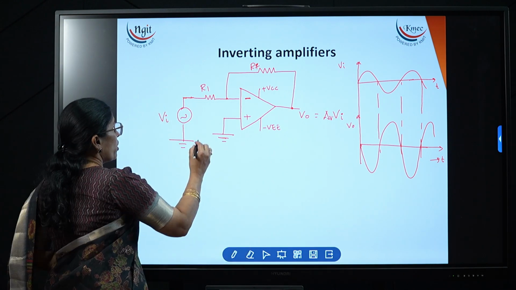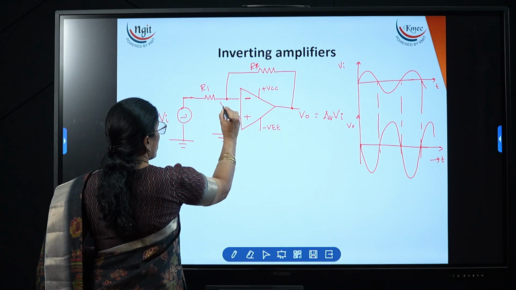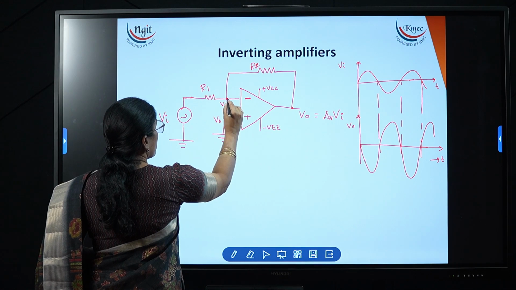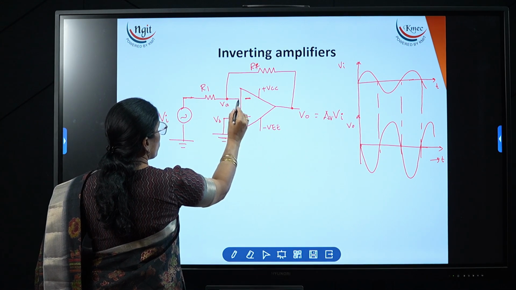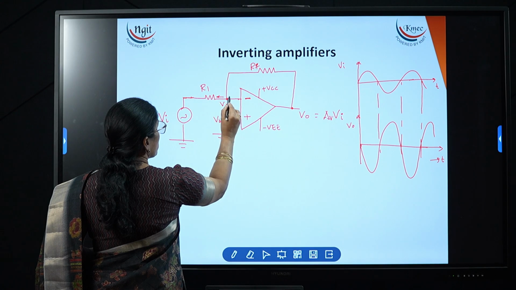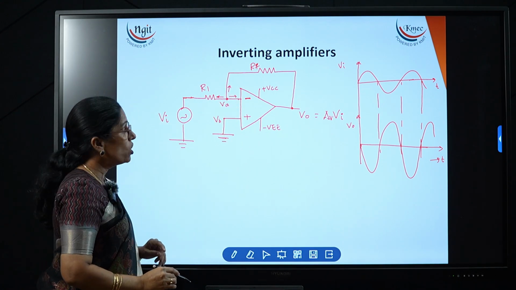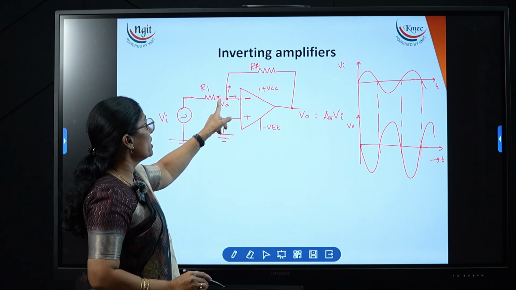Now if I take this as VA and this as VB, how many branches are connected in total? This is one branch, this is the second branch and this is the third branch. So there are 3 branches in total. Now for this I have to apply KCL.